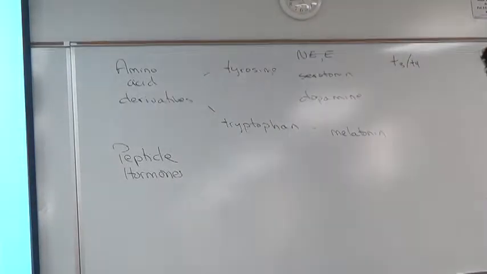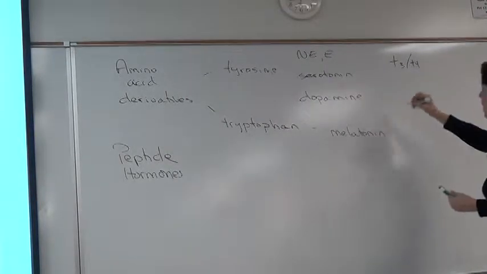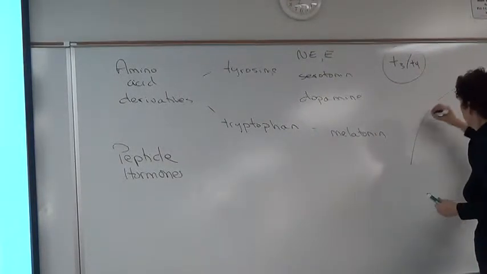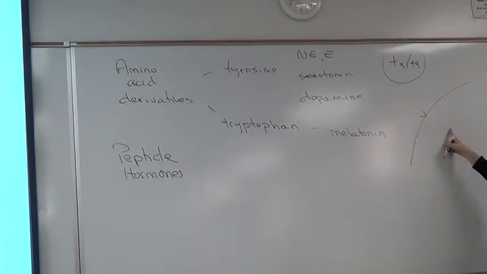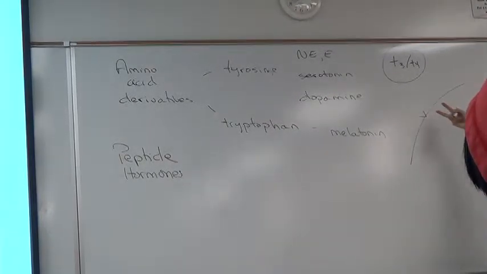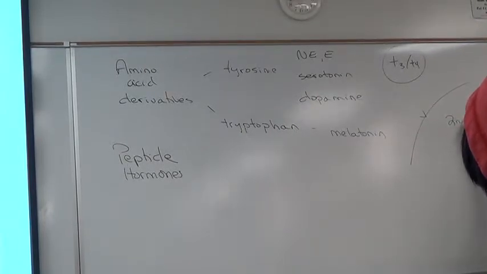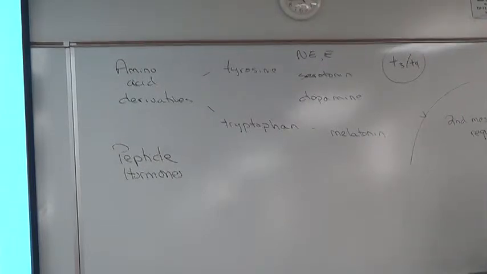And because of their size, they have to bind to a membrane receptor. In other words, all of these except for this one are going to bind to a receptor on the surface of the cell. They will not pass through the plasma membrane. So they require second messengers. Again, because of their size, primarily; amino acids are typically also charged at various pHs, but primarily because of their size.